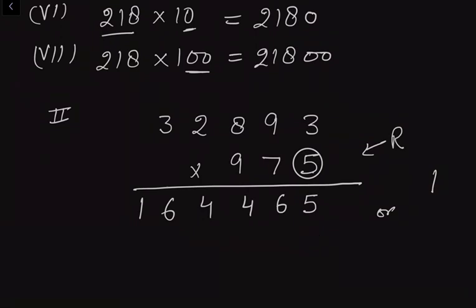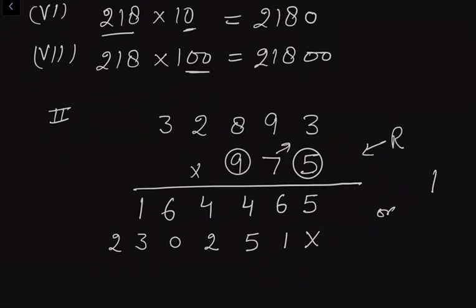And now start the same exercise for the 7, and we will get 1 5 2 0 3 2.